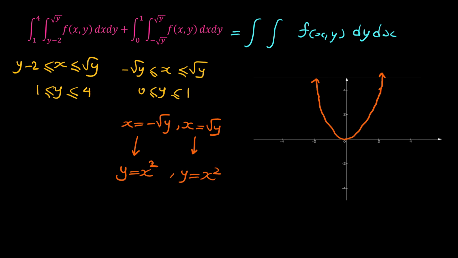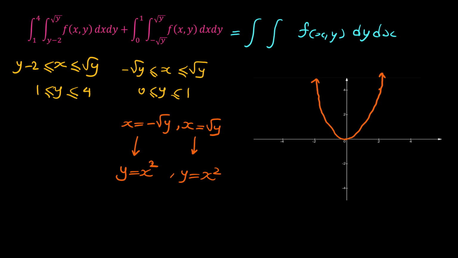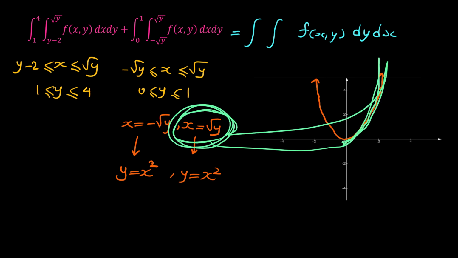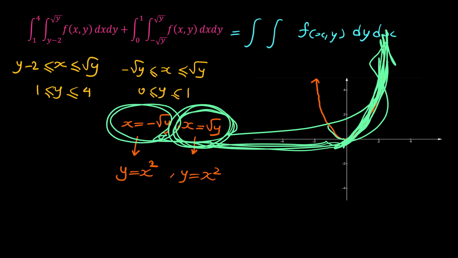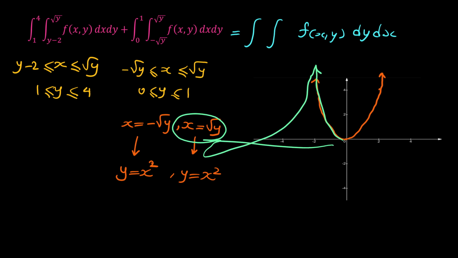Attention that the reason these two equations, when raised to the power of 2, give the same equation is that this equation is the right side of the parabola. So the graph of this equation is this branch of the parabola, and this equation shows the other branch. So x equals negative radical y is this side, and x equals radical y is the other side of the parabola.